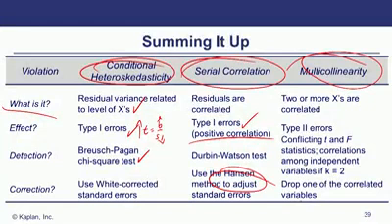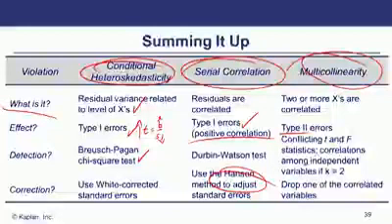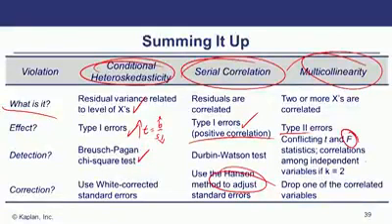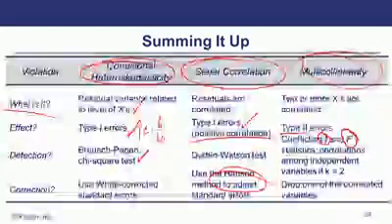Finally, multicollinearity looked at two or more variables that were highly correlated. That actually caused type 2 errors because standard errors were inflated due to multicollinearity. Whilst there was no formal test to detect multicollinearity, we could still look at a conflict between the overall validity of the model, which is proxied by the F-test, and the individual significances of the slopes, which is looking at your individual t-statistics.